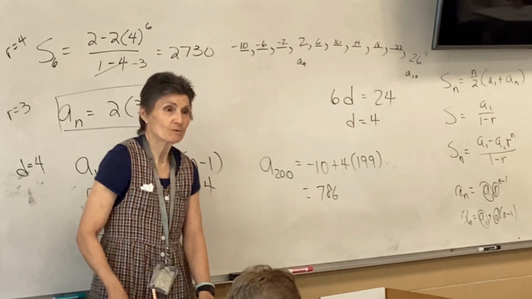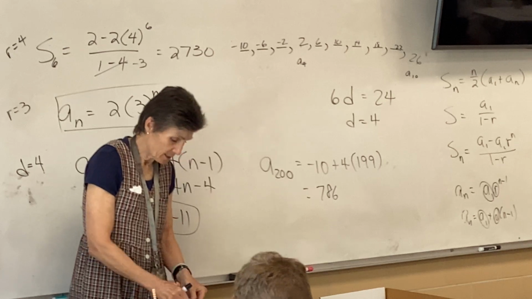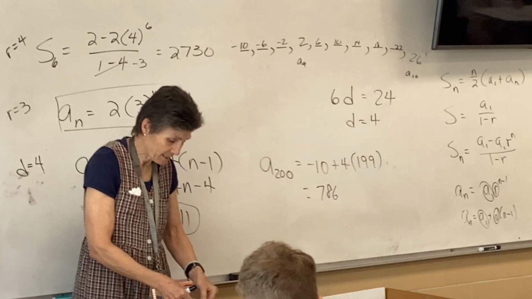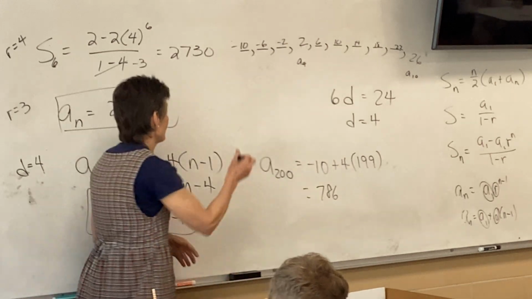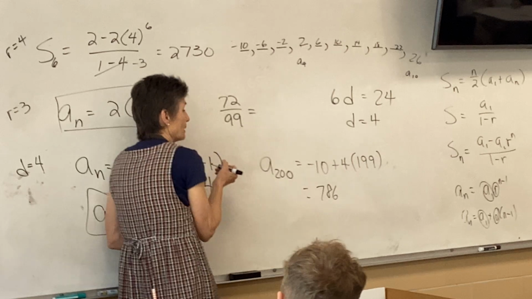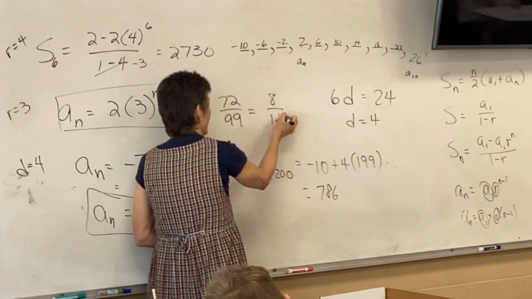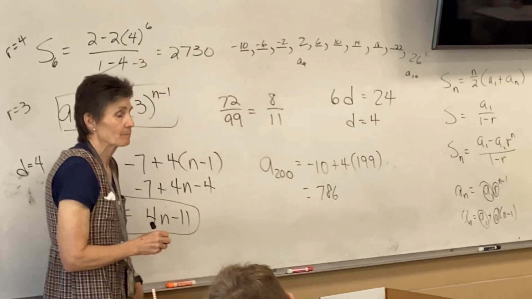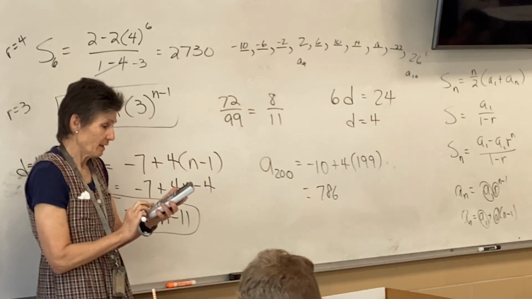Problem 6 is another super simple one. What fraction is 72 repeating 72? 72 over 99. I do believe that one reduces. 9 goes into 72, I think it's 11. But I can check that real quick. 8 divided by 11.